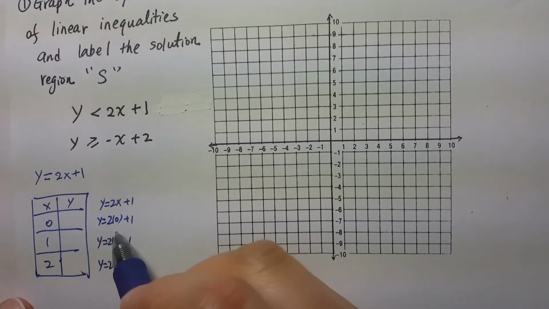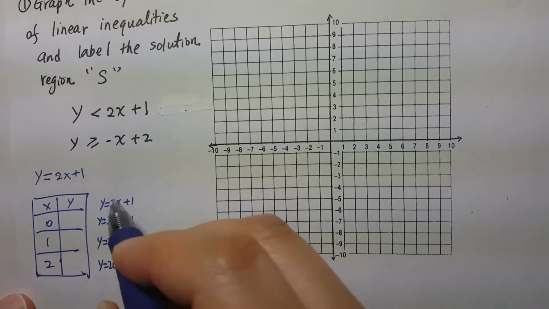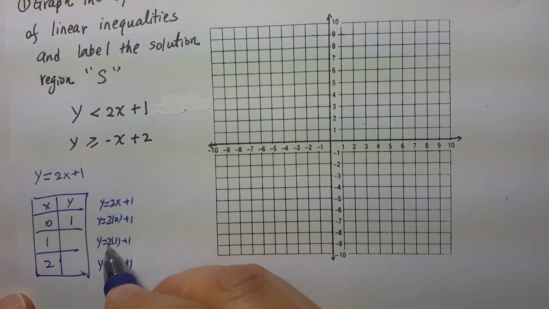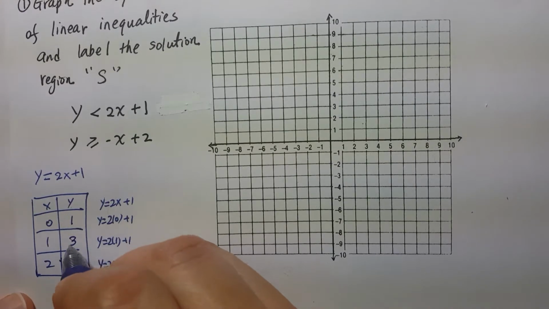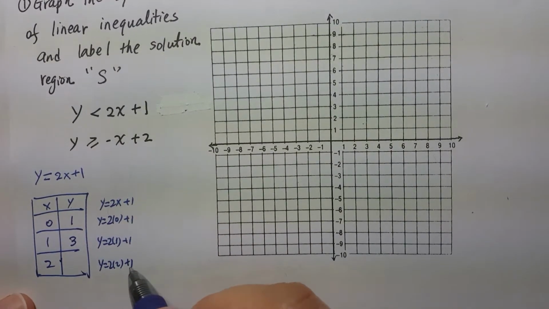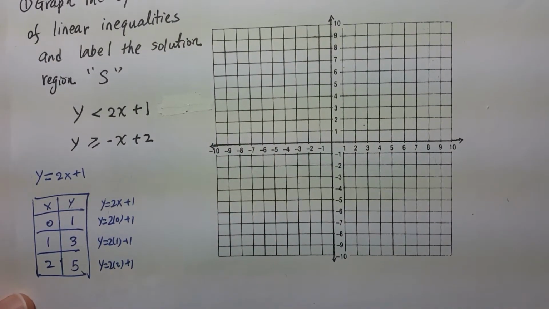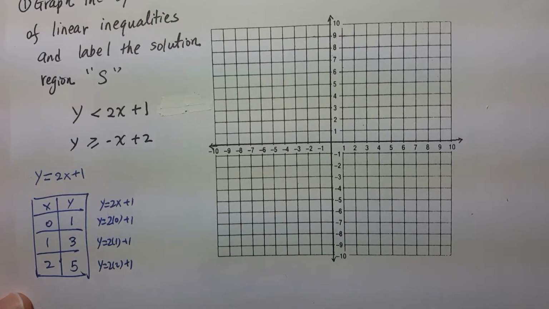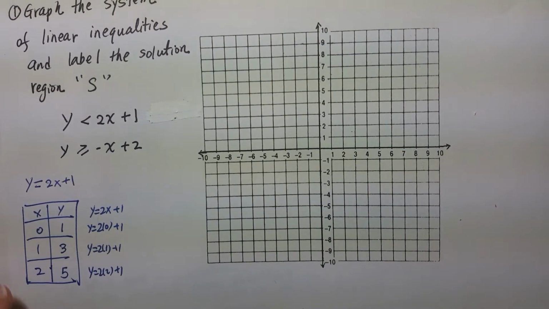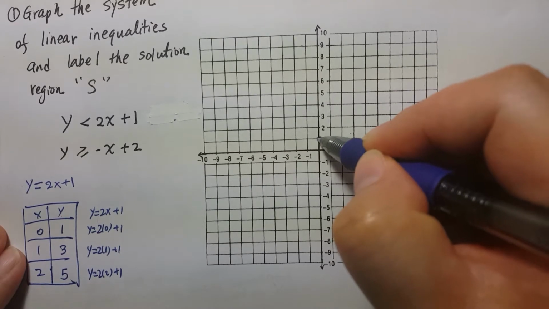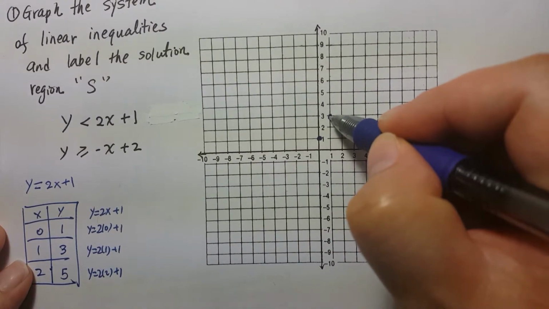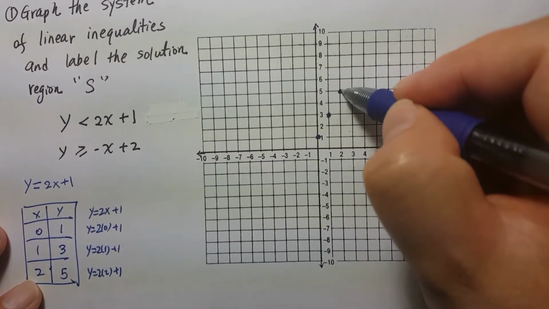You can do it in your mind, or on your calculator you type in 2 times 0 plus 1. You get 1. 2 times 1 plus 1 is 3. 2 times 2 plus 1 is 5. Next, we're going to plug in the points: 0, 1; 1, 3; and 2, 5.